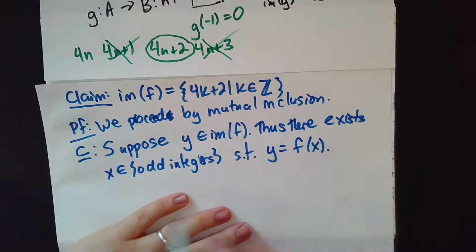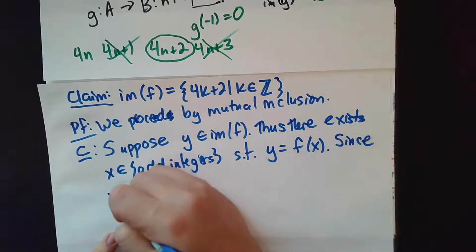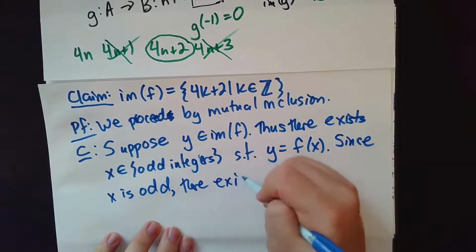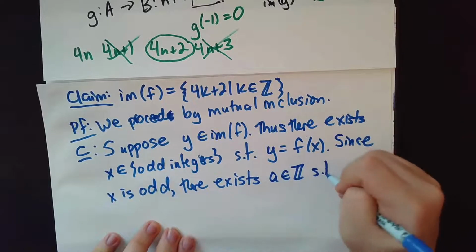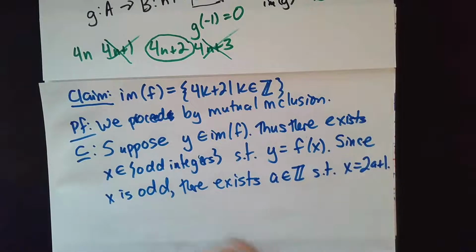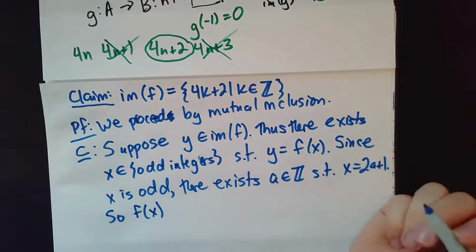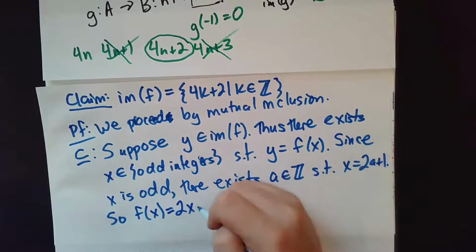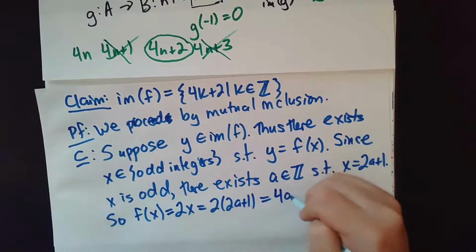Now, that means x is odd, and so I can use my definition of x being odd. And so then when I write down what f of x is, it's 2x, which is 2 times 2a plus 1, which is 4a plus 2.